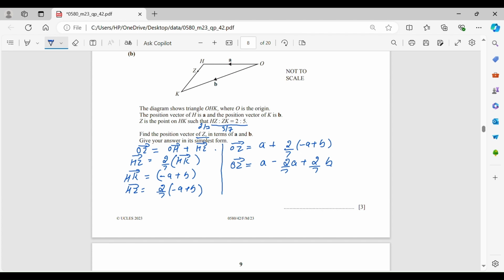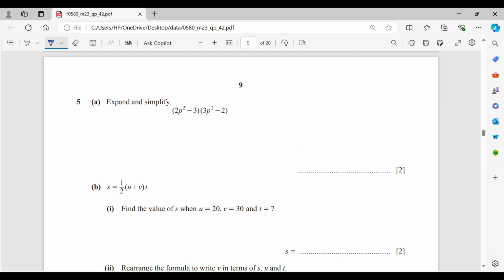Now 7 minus 2 is 5/7. So vector OZ will be equal to 5/7 a plus 2/7 b. This will be our answer, that is 5a/7 plus 2b/7.